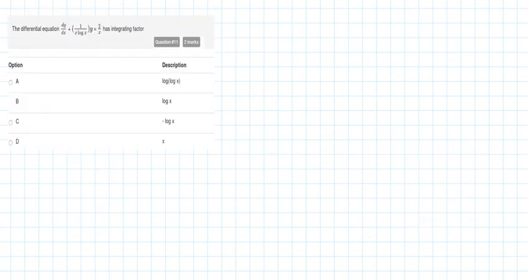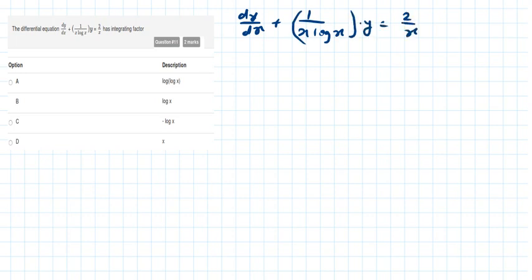The differential equation dy by dx plus 1 upon (x log x) into y equal to 2 by x has integrating factor, meaning we need to find the integrating factor. Again, if you observe, this is a linear differential equation of the type dy by dx plus p into y equal to q, where p is 1 upon x log x.